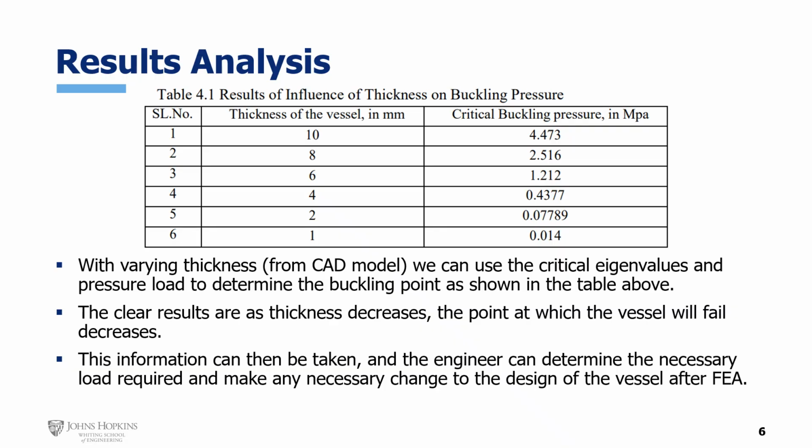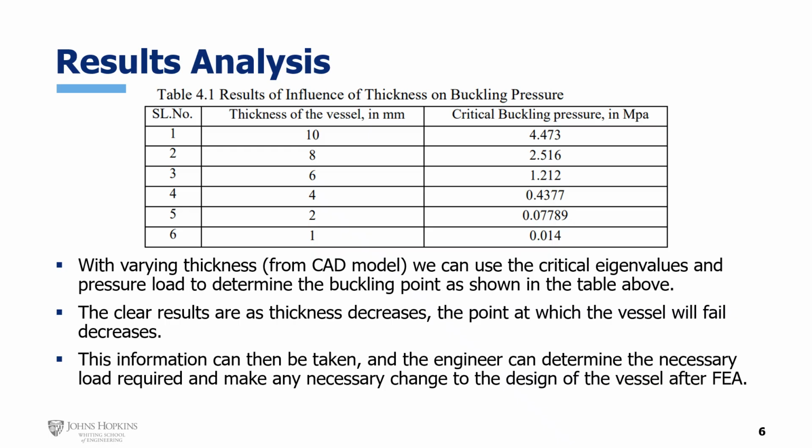We can use that relationship to relate different pressures to different thicknesses. You can see from the table the thickest pressure vessel wall has the highest critical buckling pressure, which we would say intuitively. If you're an engineer designing a pressure vessel for a specific application and you have a specific pressure you want it to withstand, you would design the thickness directly to withstand that pressure.